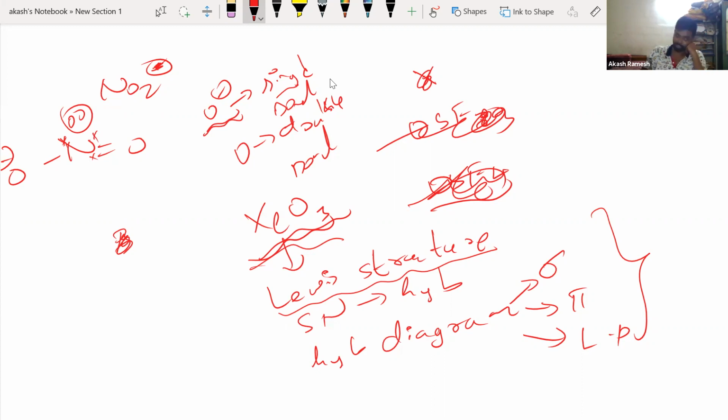That is how xenon can form compounds. Do you get the point? Yes, sir. So remember, the lone pair should be placed in one of the hybridized orbitals.